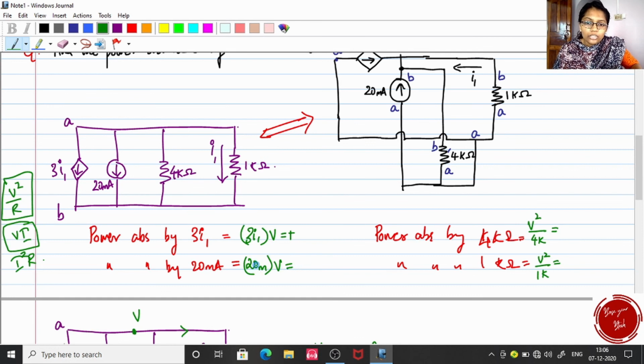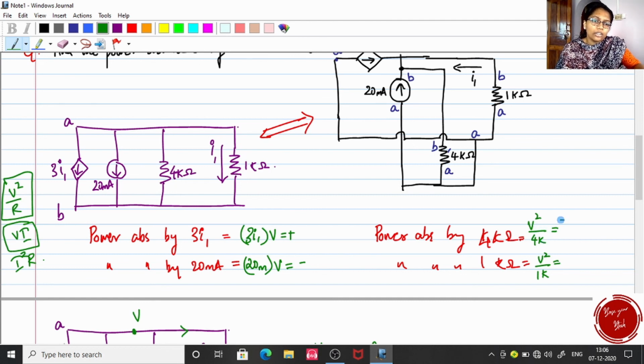And here 20 milli into voltage. The voltage value is negative, so here the power absorbed will be negative. Actually, the 20 milliampere source will be delivering power. It is not actually absorbing it, which is why we are having a negative value, and we will soon substitute the magnitude. And V square by 4K.